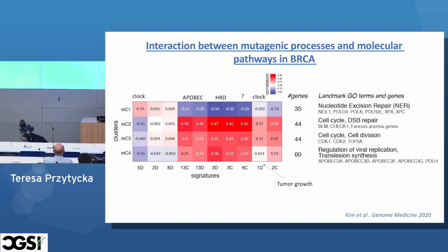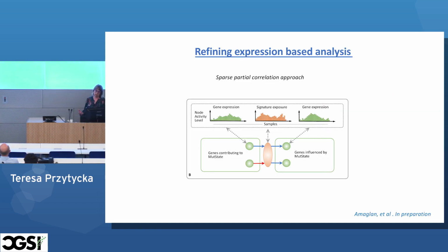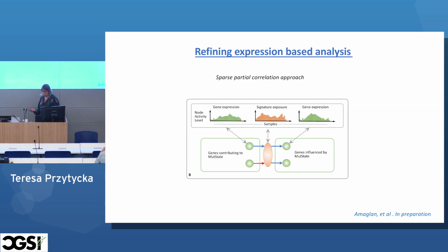So the next idea would be, you have so many correlations of the gene expression in cancer genome, as we can appreciate. So let's do something more informative, or maybe that can provide more detailed information. So let's use partial correlations. Let us consider two types of entities, genes and signatures.